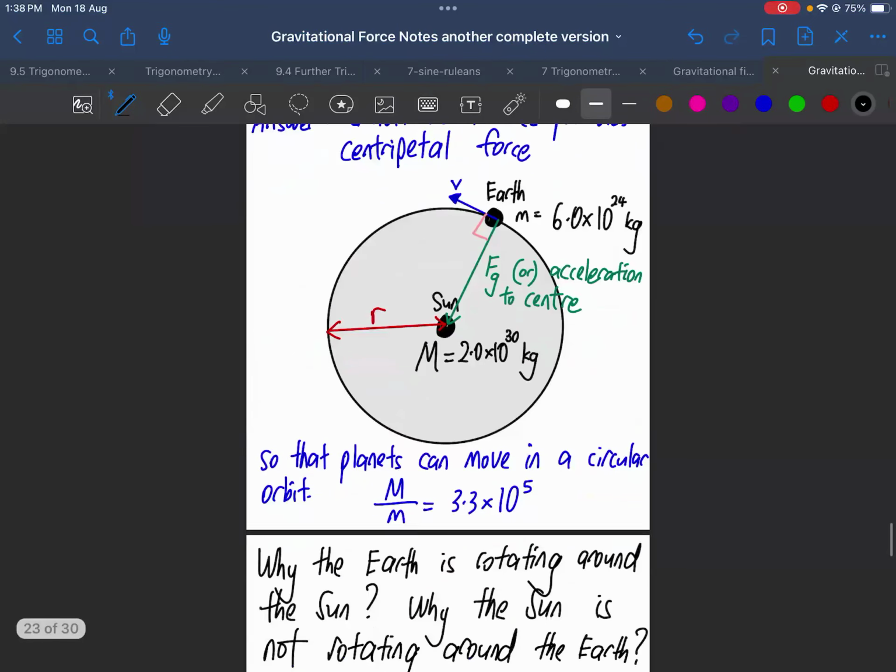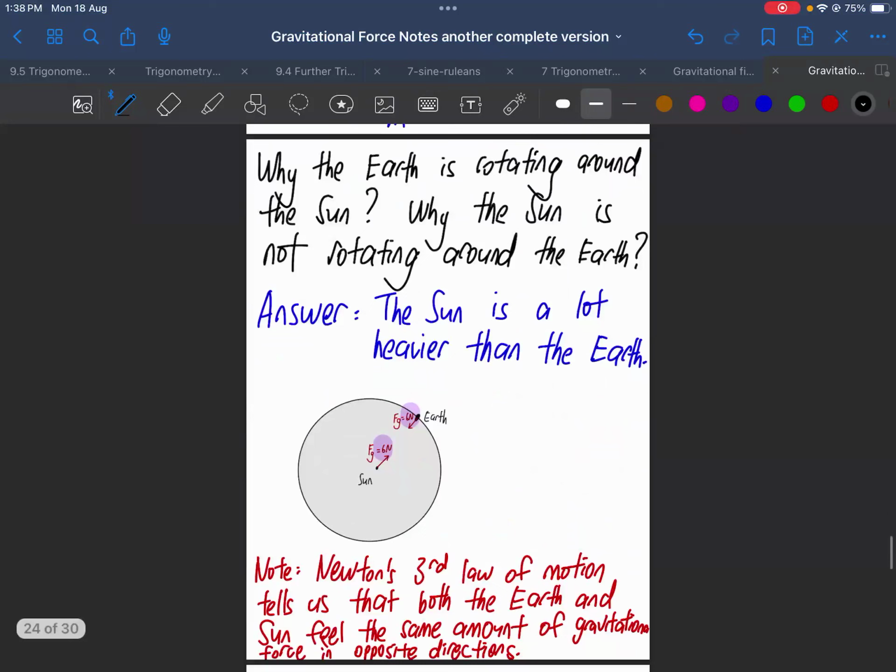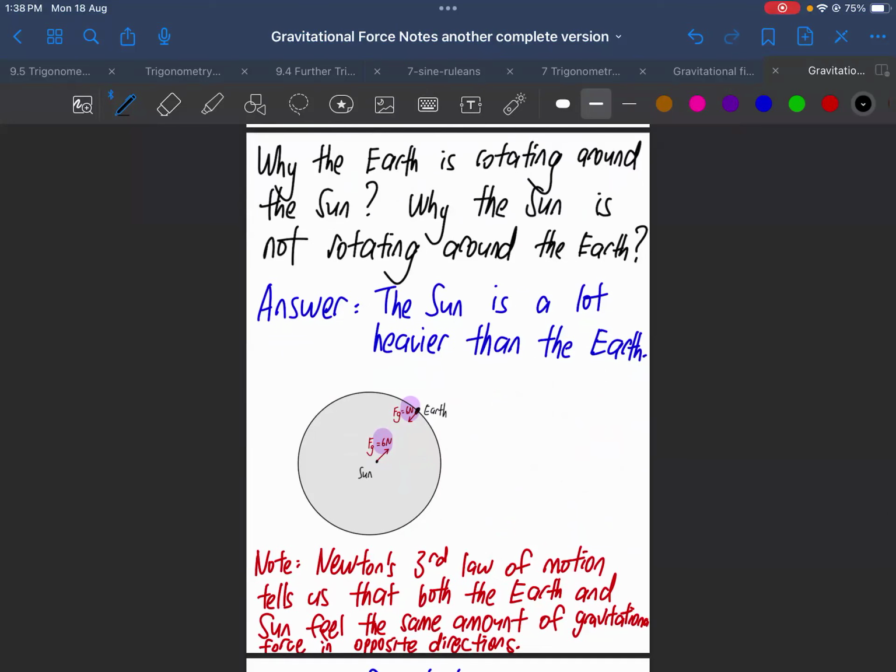Oh, by the way, did you know why the Earth is rotating around the Sun, and not the other way around? Why is the Sun not rotating around the Earth? Because the mass of the Sun is bigger than Earth. So the bigger the mass, it seems like, let's say, a fat guy. Normally, a fat guy will be too lazy to do the work, right?